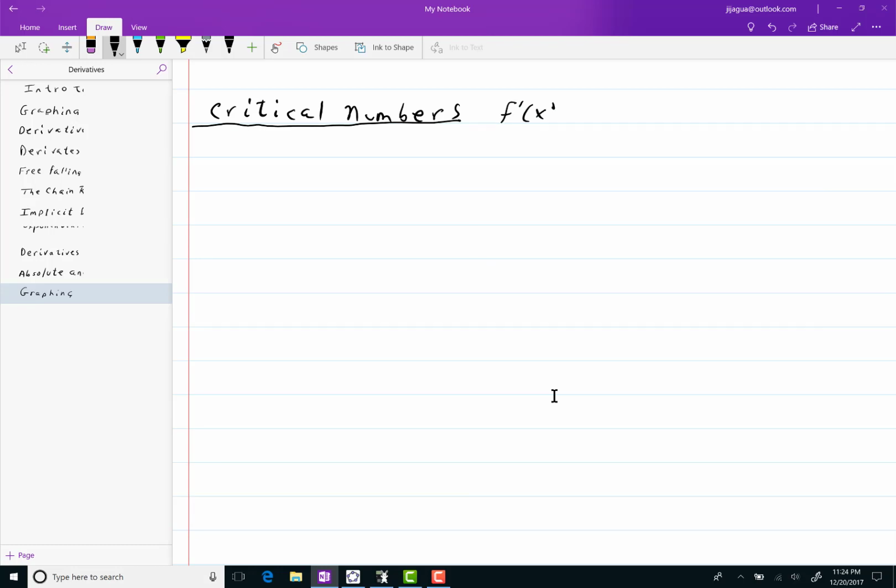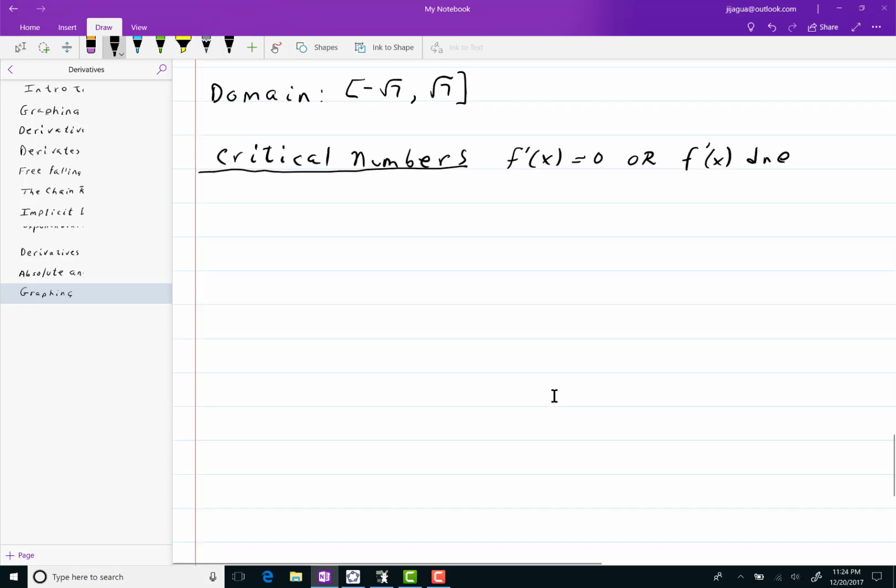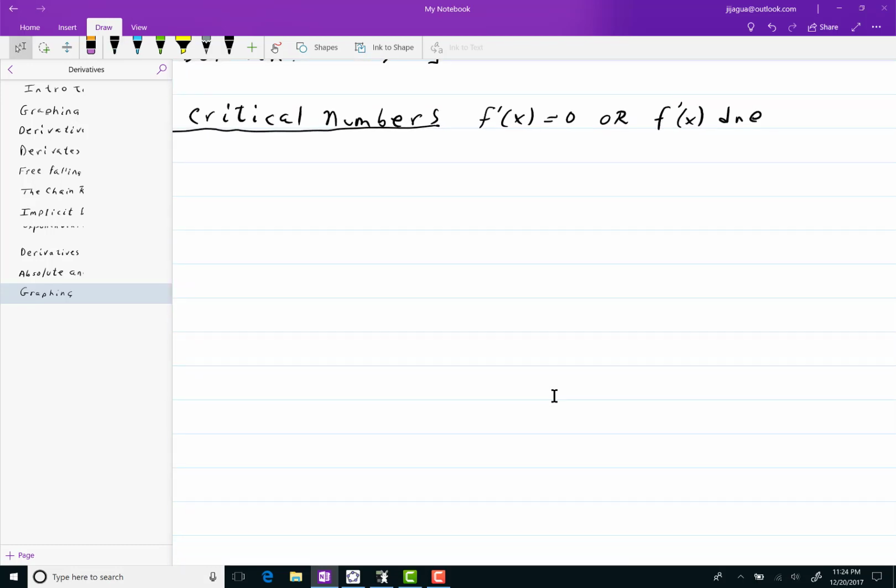And these are only points in the interior. You wouldn't worry about taking the derivative at plus or minus radical 7, for example. Those are endpoints. So we want points inside where the derivative is 0 or does not exist.